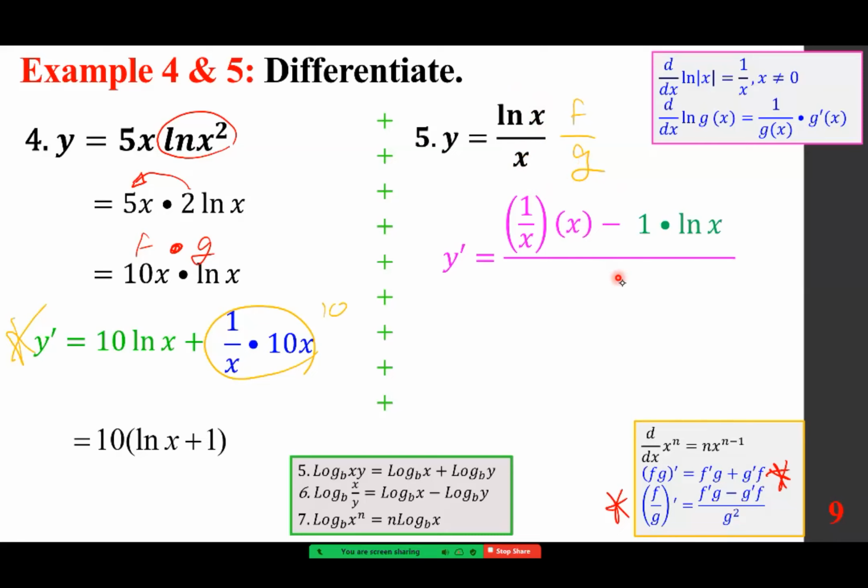So x squared. And again, we are done with calculus here. Now notice the product of these two is simply 1. And so 1 minus ln x over x squared. So again, very straightforward, everybody.